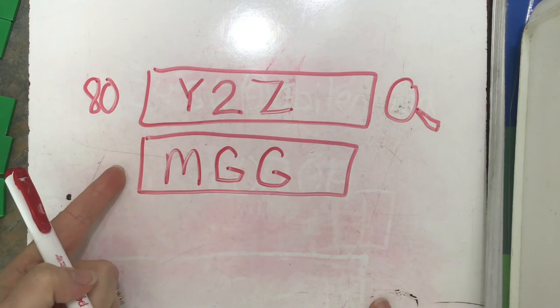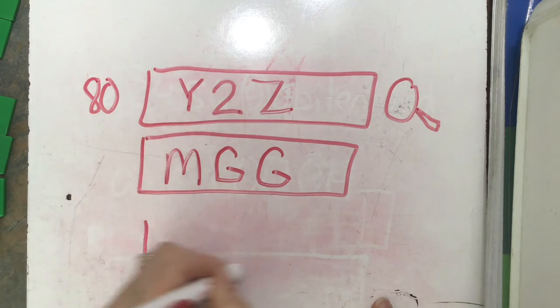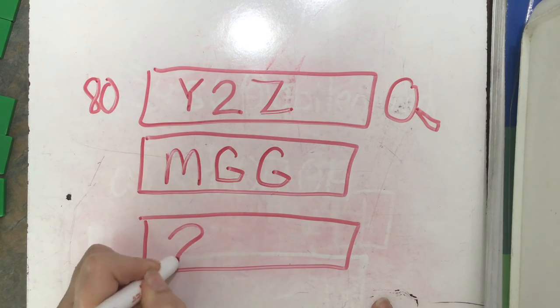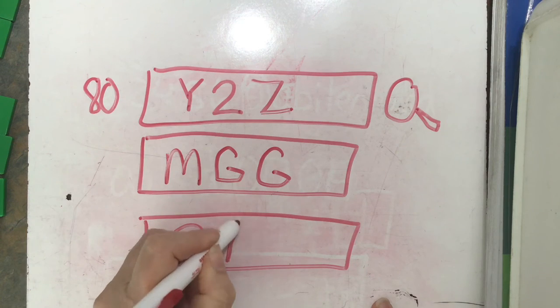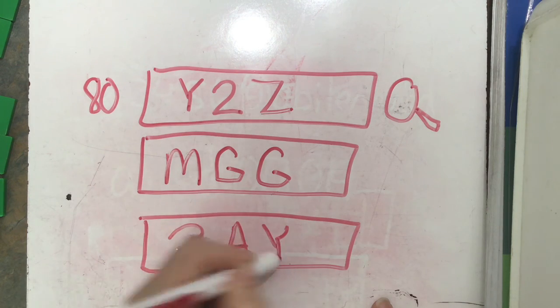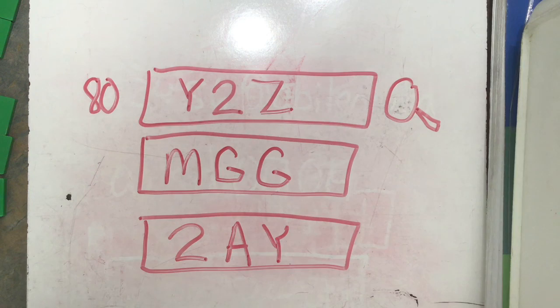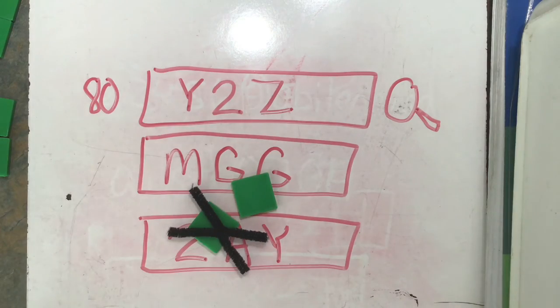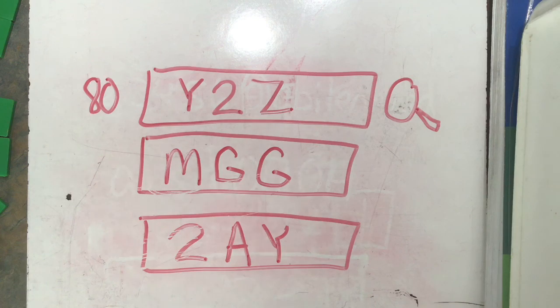So when you've got an 80 on this one, the next one you can try is 2AY. All right, so that gives you 3 different things on IXL that you can practice using the blocks like we showed and crossing them out and making a subtraction number sentence with it.